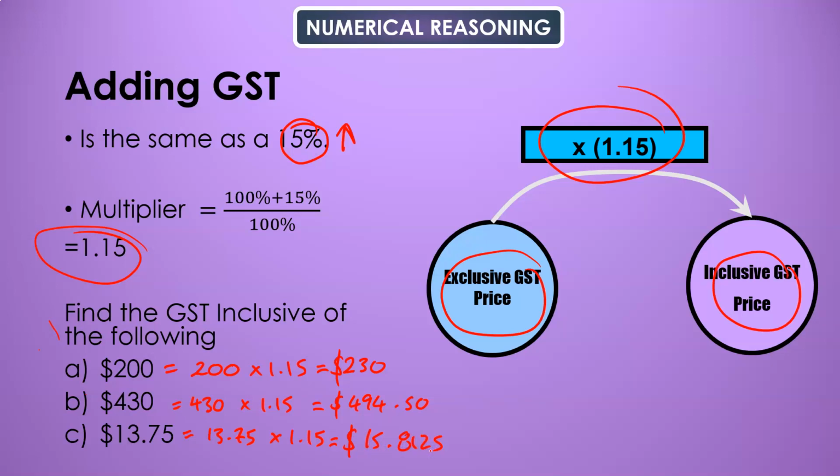Now, obviously, we don't normally include any decimals lower than a cent. So that's 2 decimal places. So we should always round it to 2 decimal places, which in this case gives us $15.81.